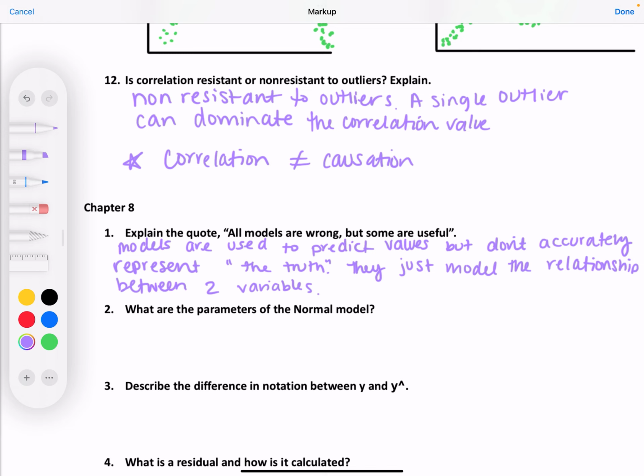Alpha. No. Mu. Yes. So mean and standard deviation.